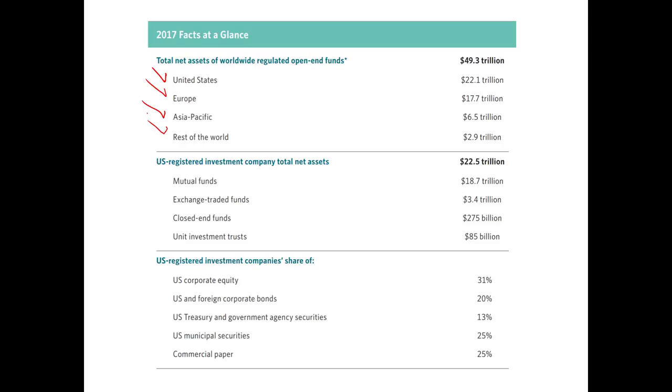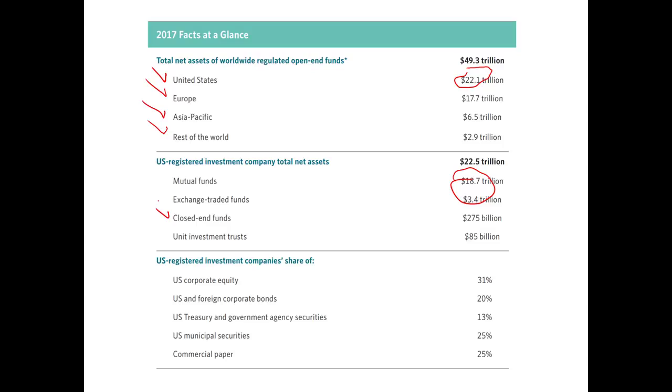If you take a look at the US open-end fund total, 22.1 trillion, you can see that that consists of both mutual funds and exchange traded funds. There are also in the US closed-end funds, in which case there are a fixed number of shares of those mutual funds that are offered.